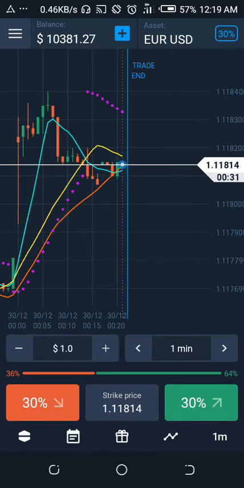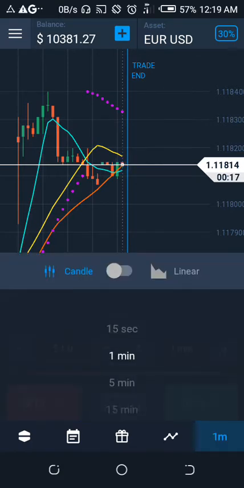I hope you understand. That will make it 1 minute. So that's for trading time duration. But in the case of time frame, it is the candlestick frame.